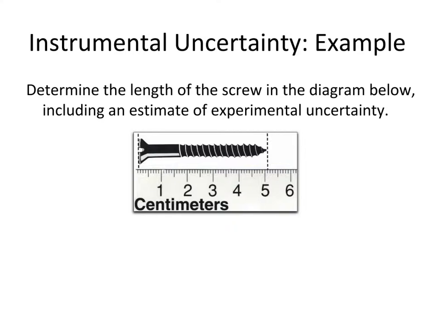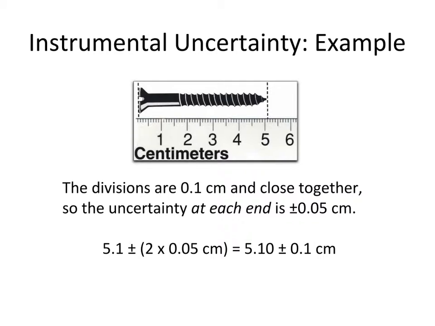So let's determine the length of the screw in this diagram, including an estimate of the experimental uncertainty. Here we can see the divisions are 0.1 centimeters, and they're close together. So the uncertainty will be plus or minus 0.05 centimeters. It would be different if we didn't have the millimeter markings.